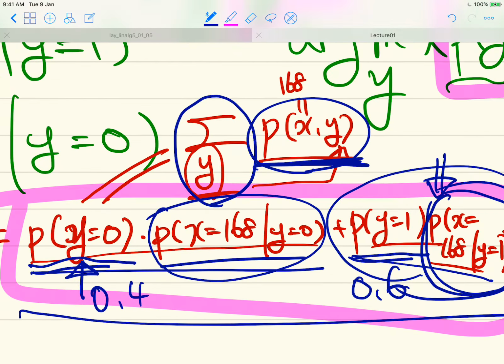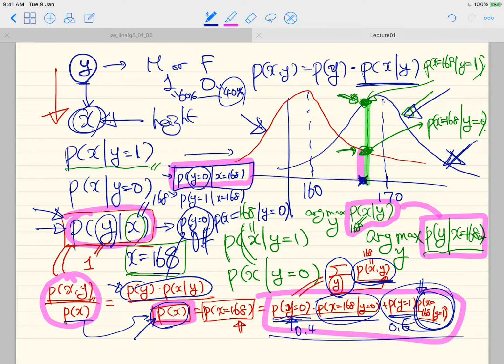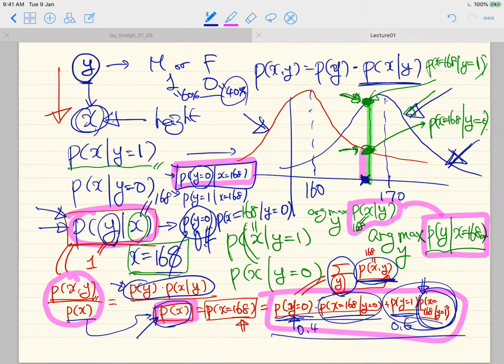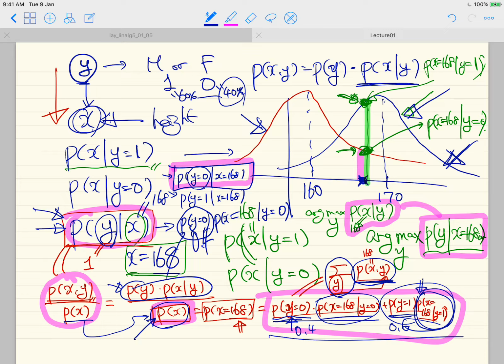Now in the numerator, we want to obtain the function value when y is equal to 0, which corresponds to generating x when y is set as 0. So we plug in y as 0, and given y is 0, what is the probability of x?